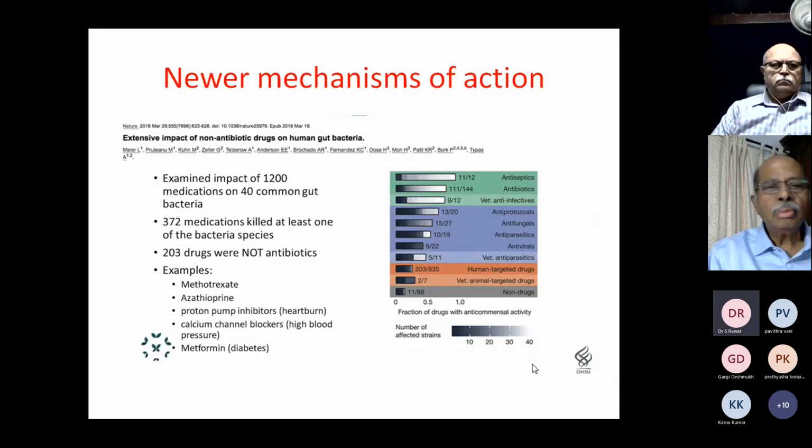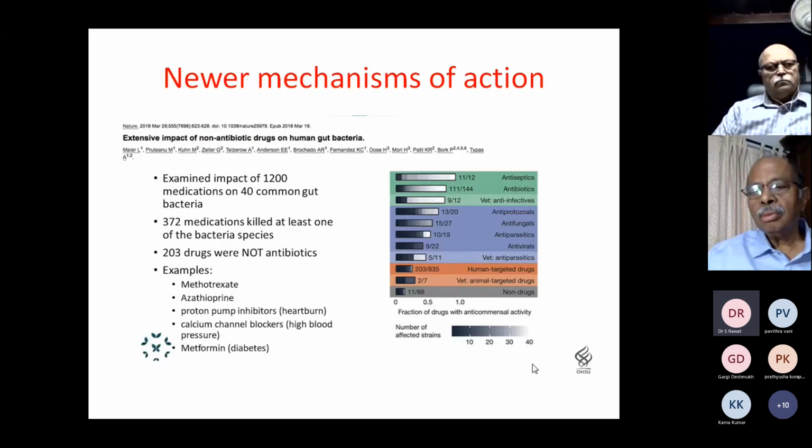Now we see that there are so many newer mechanisms of action of the drugs which are being discussed, along with the discovery of various newer bacteria in our microbiome. And it is amazing that there are 372 medications which might kill at least one of the bacteria species present in the gut.